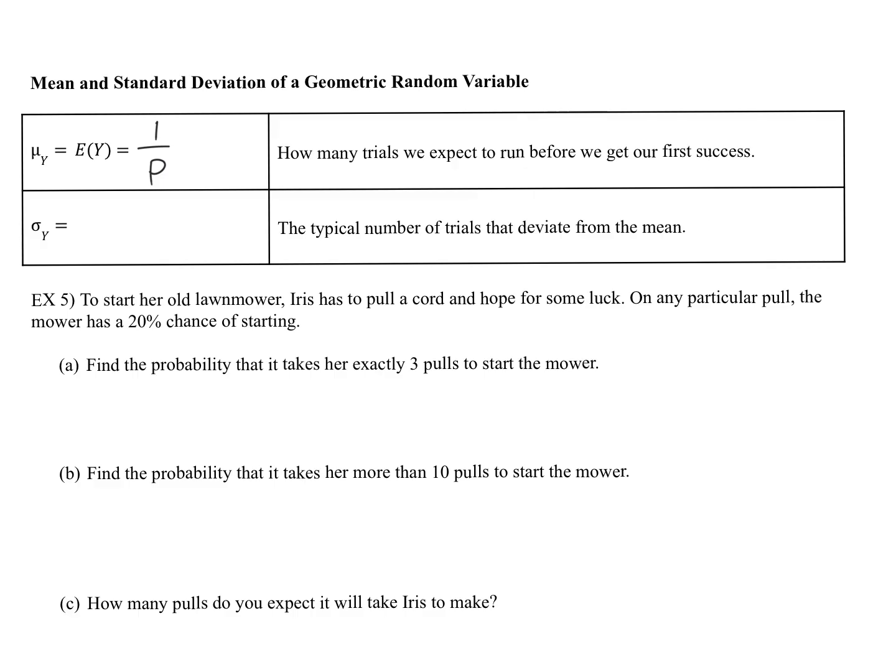And then the standard deviation is the square root of Q over P. So remember, Q is 1 minus P, and it represents your probability of failures. So you do the square root of the probability you fail divided by your probability of success. If you're doing interpretation, it's the typical number of trials that deviate from the mean.